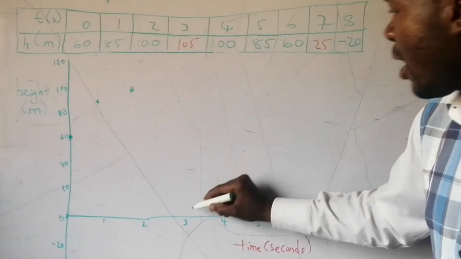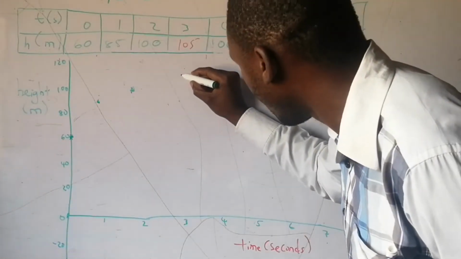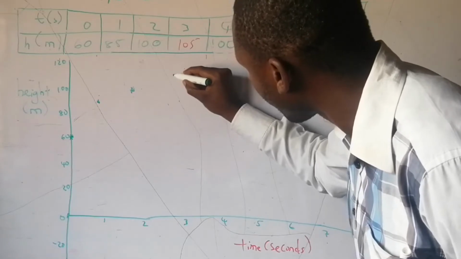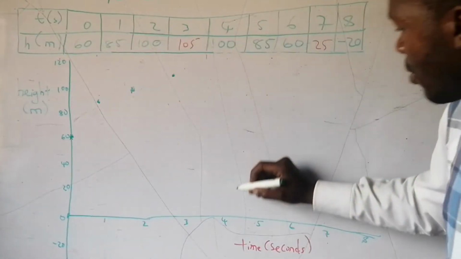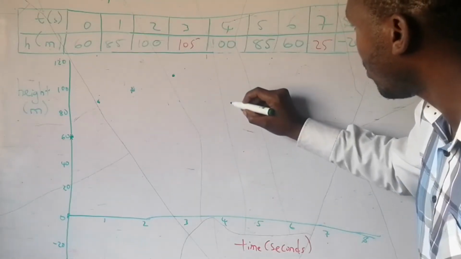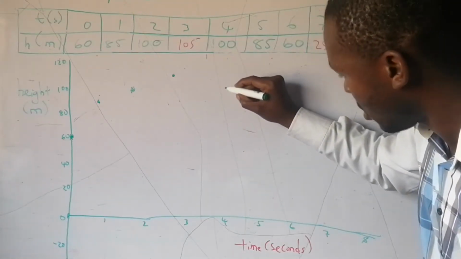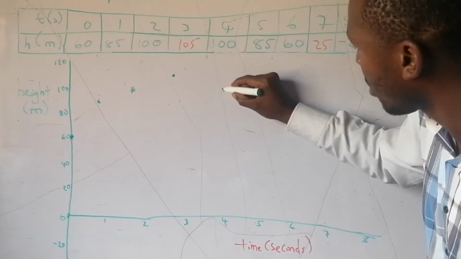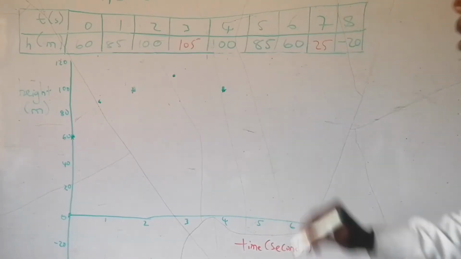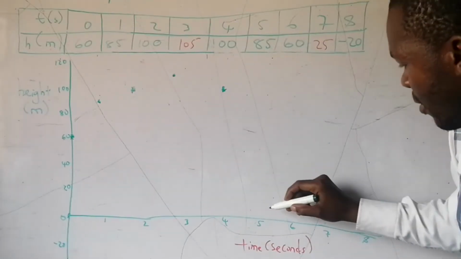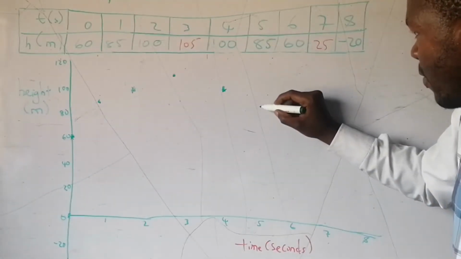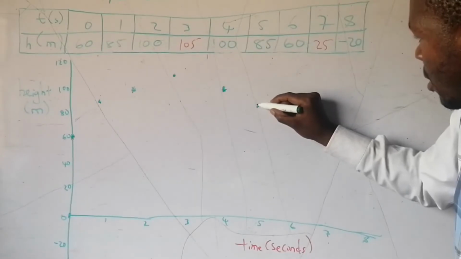T is equal to 3, h is equal to 105, here. T is equal to 4, h is equal to 100, here. T is equal to 5, h is equal to 85, somewhere there.